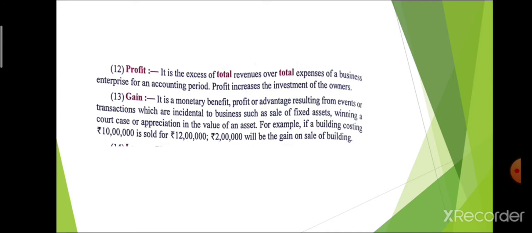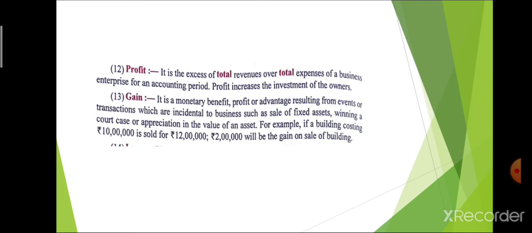So, the difference between the cost and sale of one pen is called income. But the difference between overall cost and overall revenue of total pens, that is considered as profit.